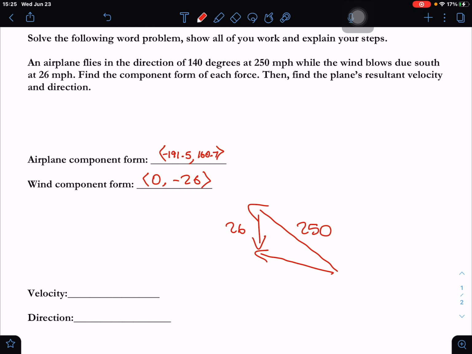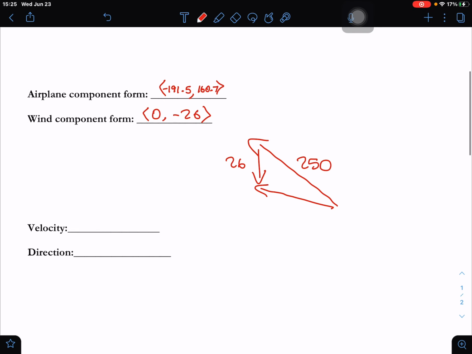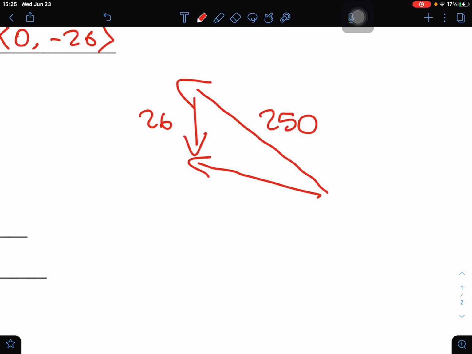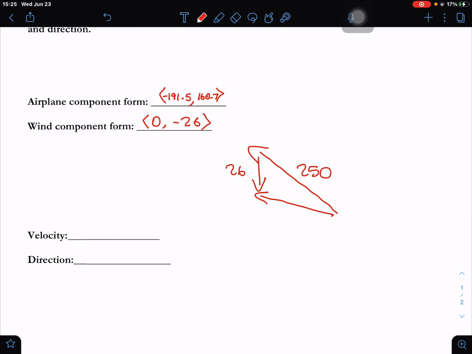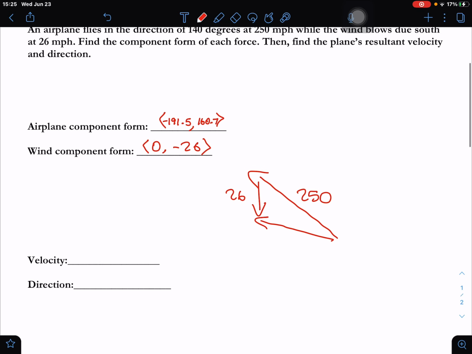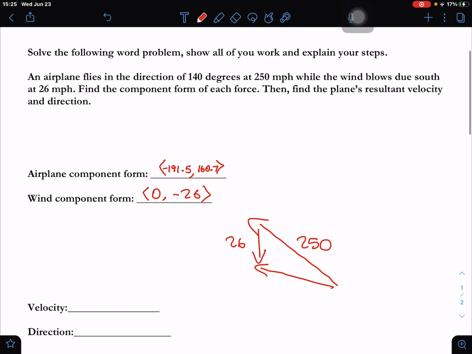And now we have to look at the velocity. For our velocity, we basically just have to look at this value right here. So basically we're going to have to use the distance formula.